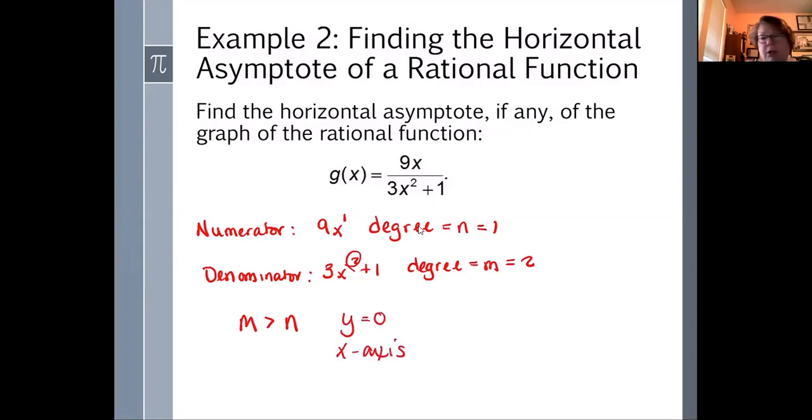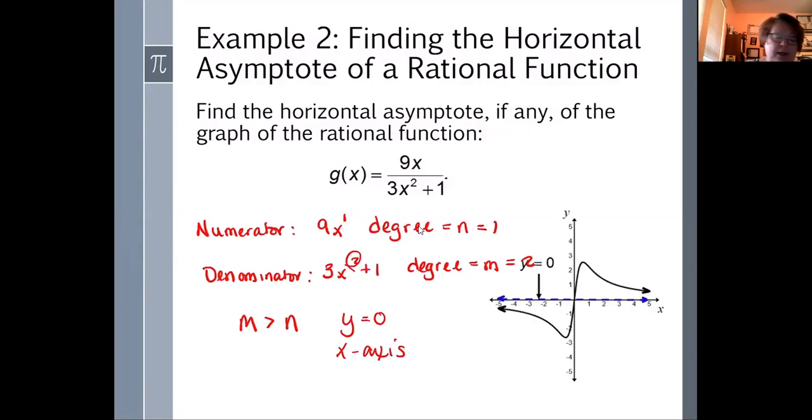So as this function increases without bound, the y value approaches 0. The value of the function approaches 0. And we can see from the graph that that is true. As x increases without bound or decreases without bound, the value of my function, the y value, is approaching 0.